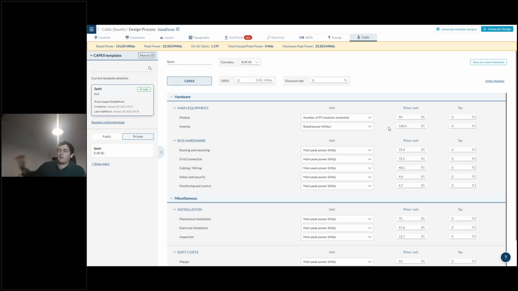That way we will be going deeper into each specific element that the software is considering for the layout, all the equipment that we are including, the racking and mounting. We have many units that we can consider, and depending on the needs of the users, they can define them here, create their own templates, and check with those templates what's going to be the LCOE and the capex of the plant.